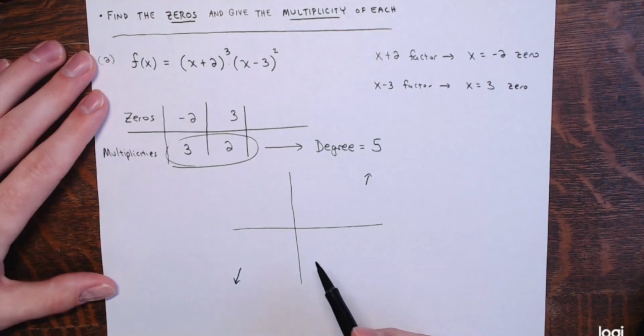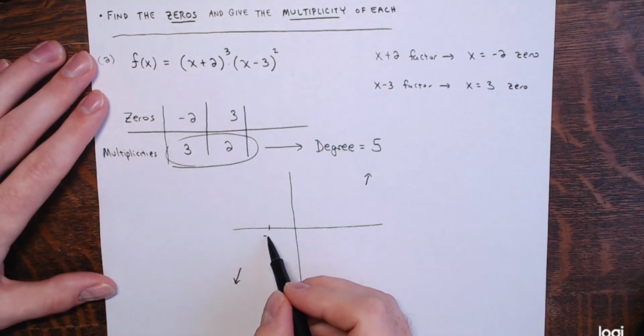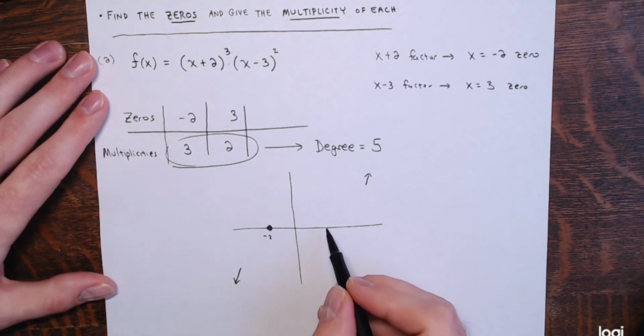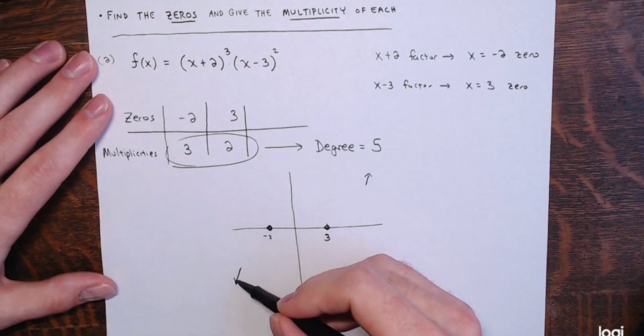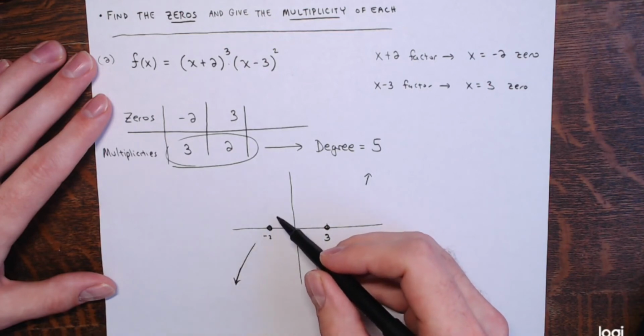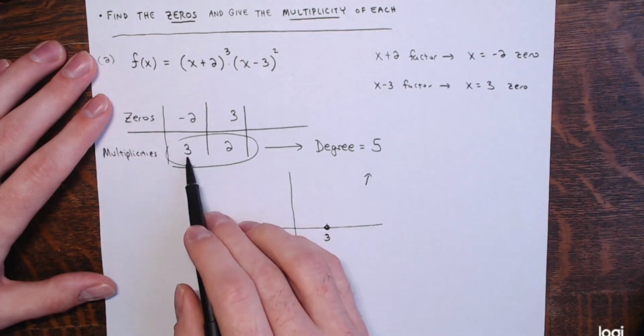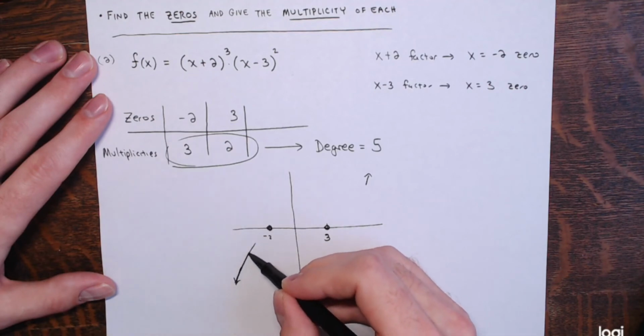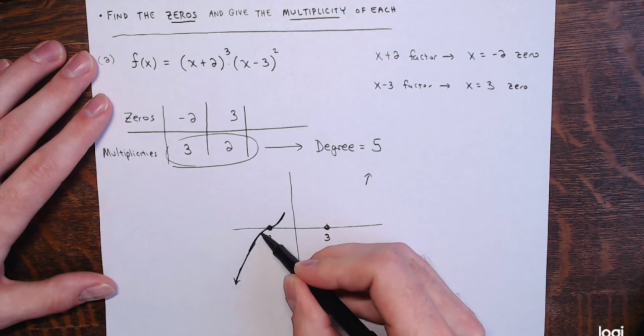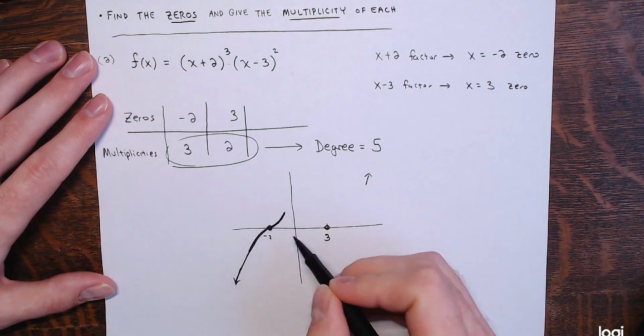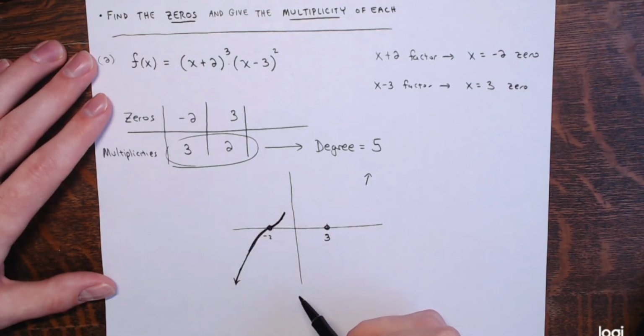And then the zeros are at negative 2 and positive 3. At negative 2, you have an odd multiplicity, so it's going to come up and cross, but it's not going to cross straight through. That's not a multiplicity of 1, it's a multiplicity of 3, so it's going to come up and cross like a cubic. A little more curvy here, but it'll still cross, just not straight through.